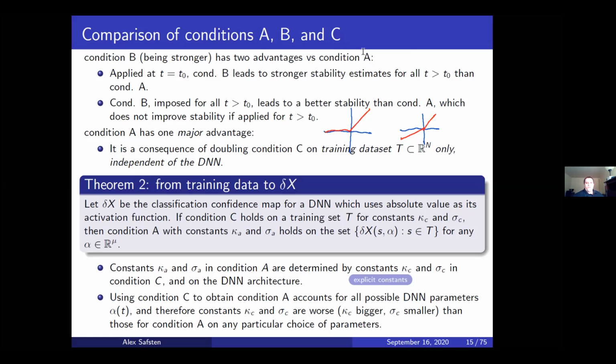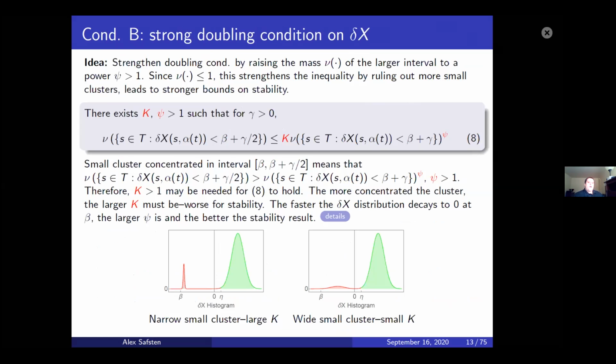I alluded to this briefly when Stefan asked about using these conditions for an infinite distribution versus just a discrete distribution of data points. I mentioned that the conditions as stated actually work much better for an infinite, continuous distribution than discrete, for precisely this reason.